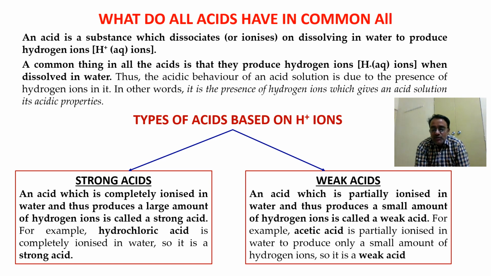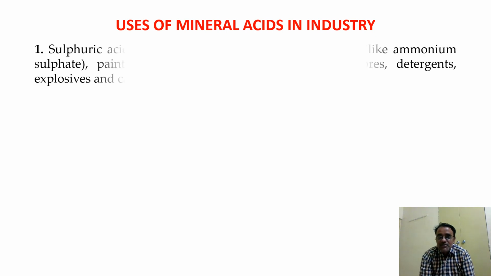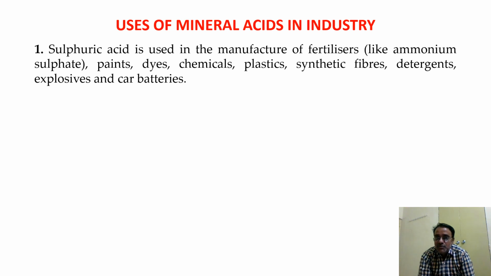So now we are moving towards the last topic, uses of mineral acids in industries. So first one, sulfuric acid is used in the manufacture of fertilizers like ammonium sulfate, paints, dyes, chemicals, plastics, synthetic fibers, detergents, explosives, and car batteries.